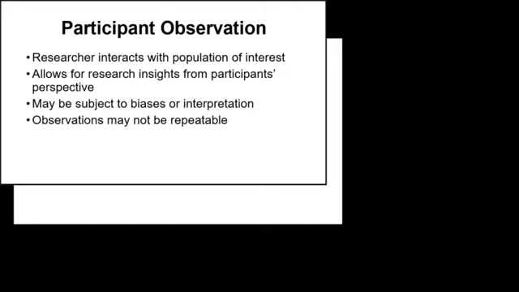Maybe you want to investigate a cult, or maybe you want to better understand a particular culture. So the researcher would become one of the people living like that. They would go live with that cult or go immerse themselves in that culture in order to try and find some insights from the participants' perspective. So they observe what's going on in their group of interest by becoming part of that group.